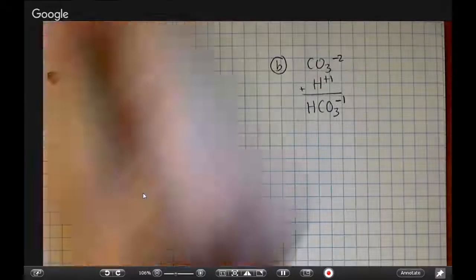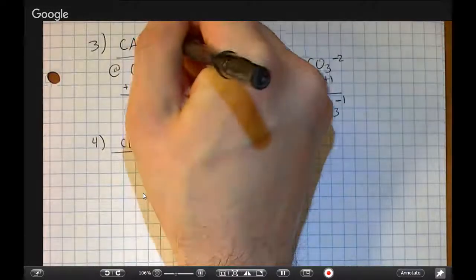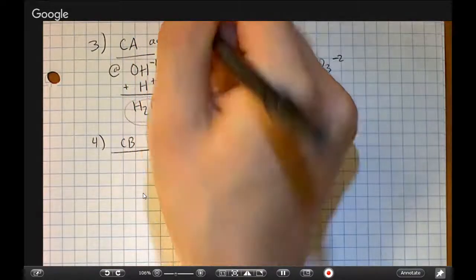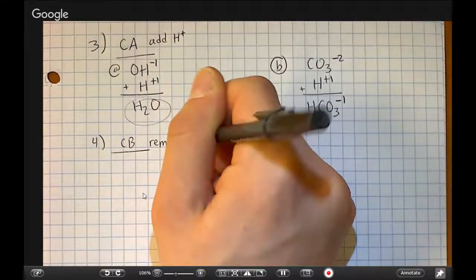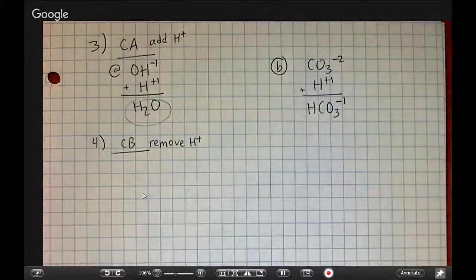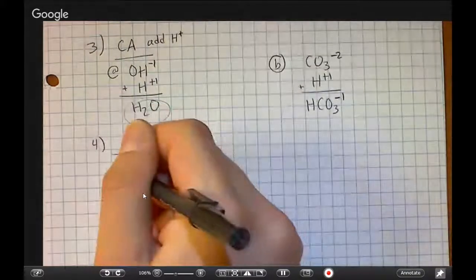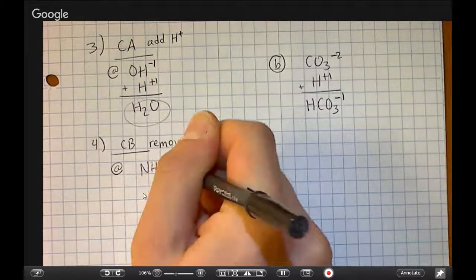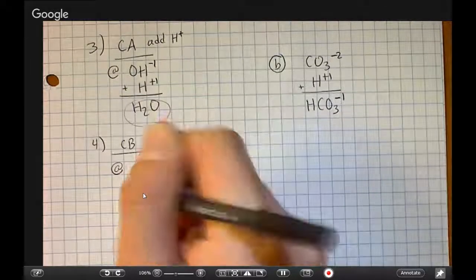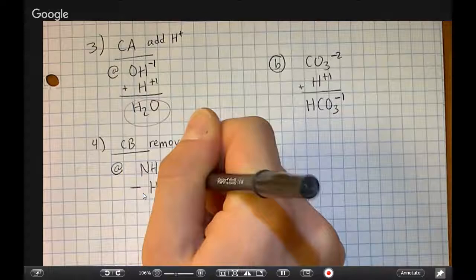Okay, so for conjugate acid, we add H+. For conjugate base, we remove or subtract. So for 4A, you have NH4+, that's ammonium. This time we're subtracting H+.